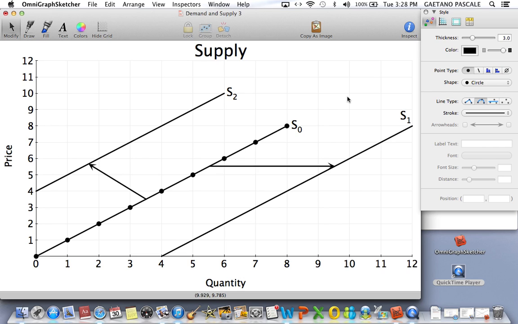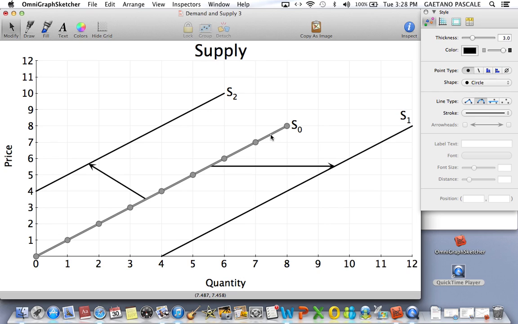So for example, if our original supply curve is S0, and I increase the wages that this company has to pay its employees, the supply curve will shift to the left. If it costs more money to buy more machinery, more capital, the supply curve will shift to the left. If this company is forced to pay higher taxes or has an increased regulatory burden that increases the cost of doing business, the supply curve will shift to the left.